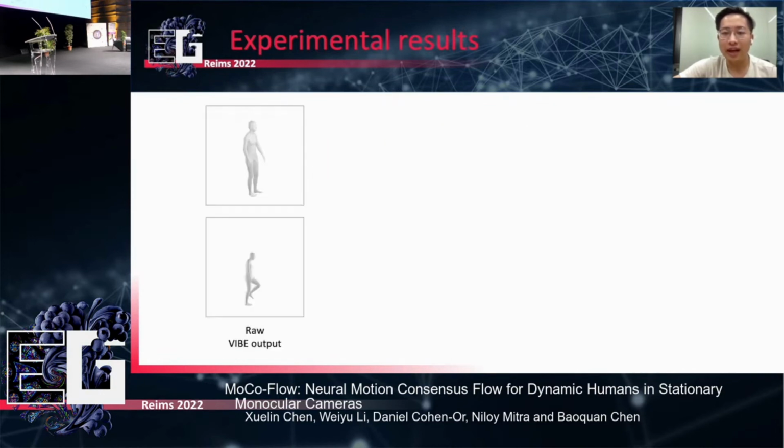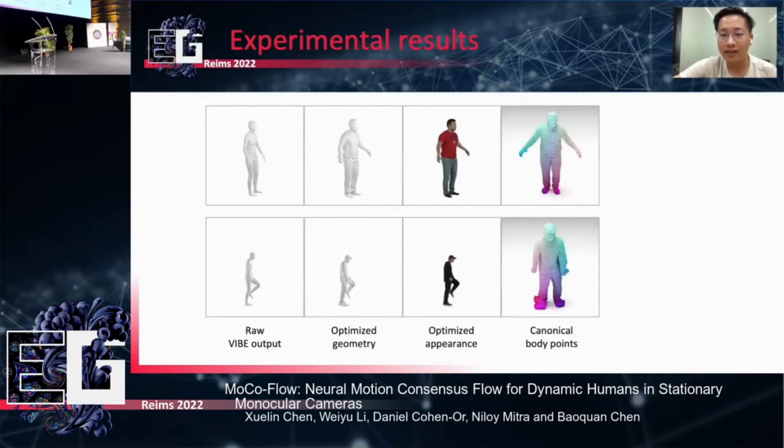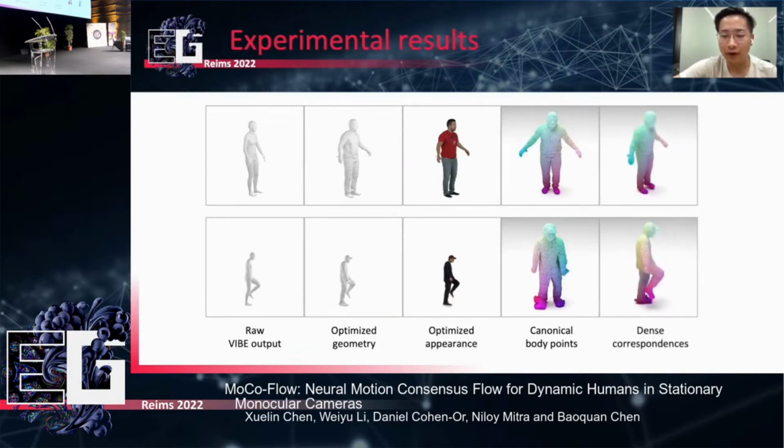Next, we show a side-by-side visual comparison to raw VIBE outputs, showing the improvements on both geometry and appearance after the optimization. Please note the string bound on the man's right wrist. We visualize the dense correspondence derived from the backward motion flow between the canonical body and the body reconstructed at the observation frame.